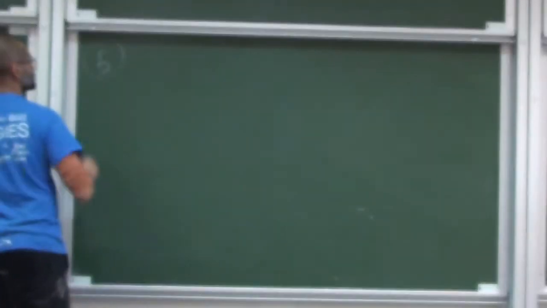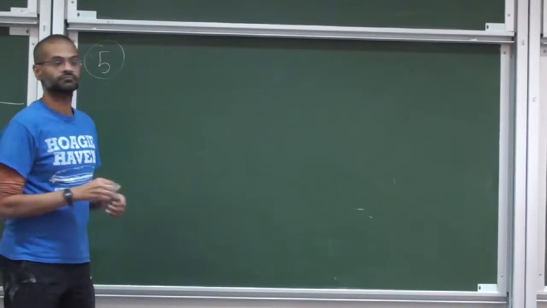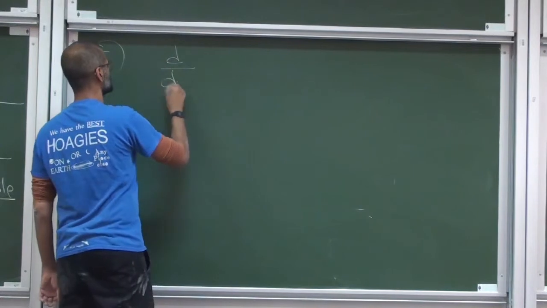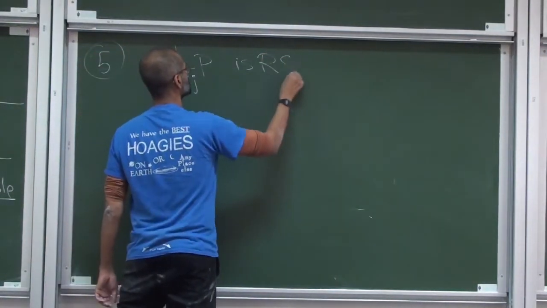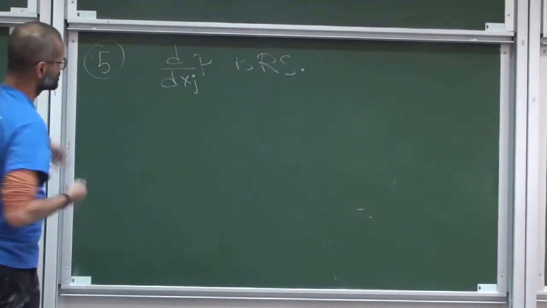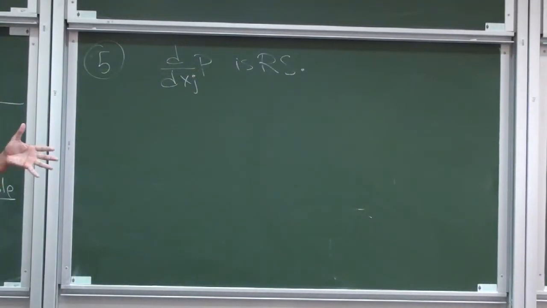The fifth property is closed under taking partial derivatives. So d by dxj of P is real stable. This is a generalization of the fact that differentiation preserves real rootedness: partial differentiation preserves real stability.